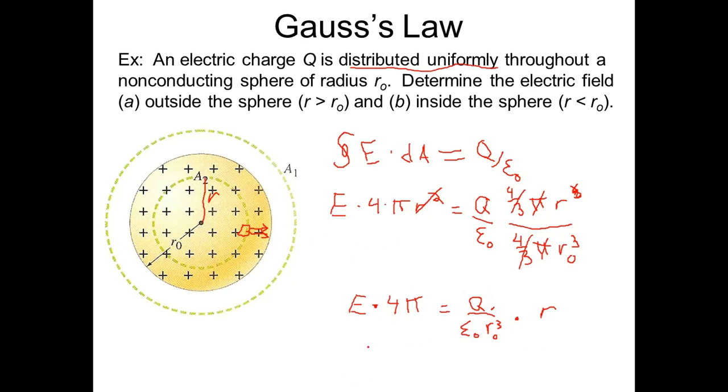So what I get is the E field anywhere inside is going to be equal to Q over 4 pi epsilon naught r naught cubed, that's a constant, times r. If I were going to plot this, E versus r, what kind of relationship would it be?